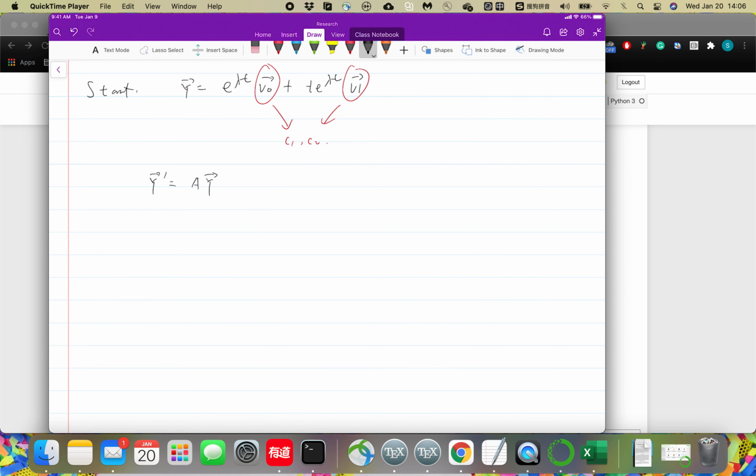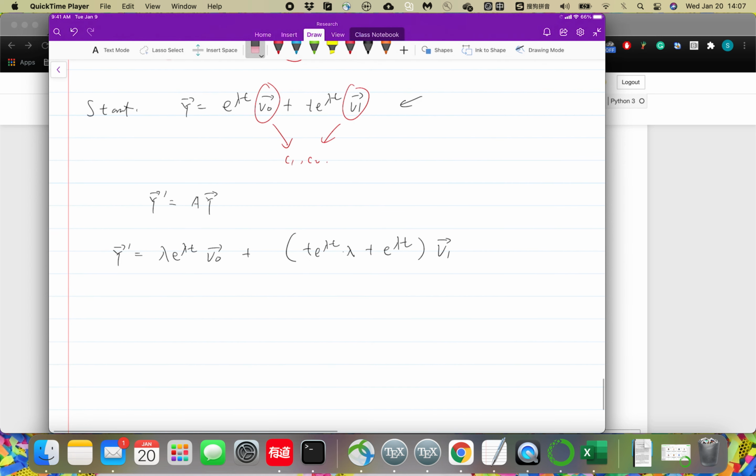And if y looks like this, you can compute y prime yourself. Okay, this one is going to have v1. Remember v1, v0 does not have t, but you are going to have a product rule, times lambda plus e to the lambda t.